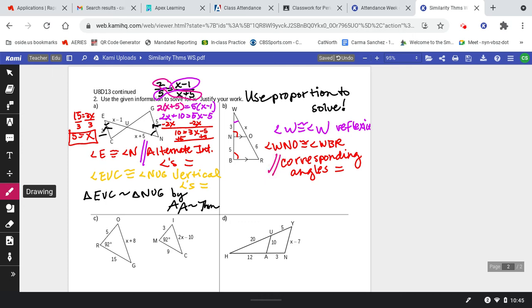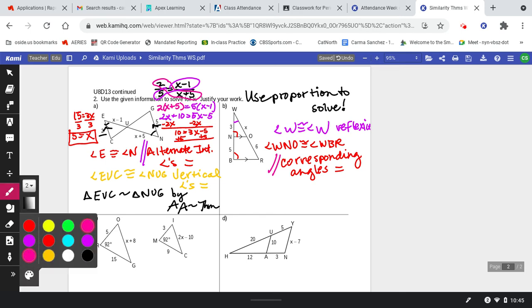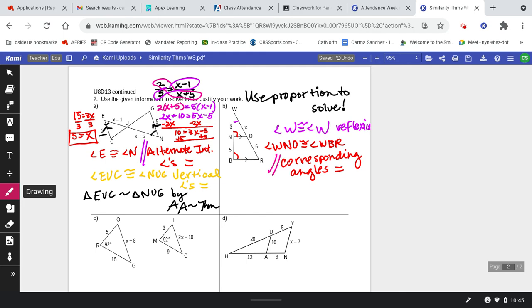So you have to put this parallel lines mark, letting me know that you said because they're parallel, corresponding angles are equal. And therefore, we can say that triangle WNO is similar, so the little guy is similar to the big guy, triangle WBR, by a similarity theorem.